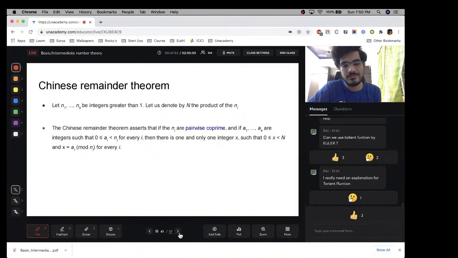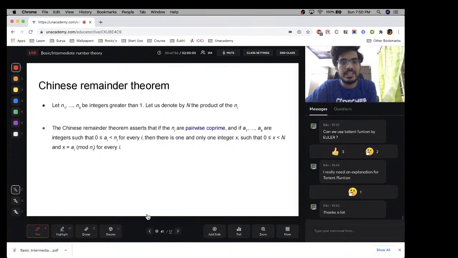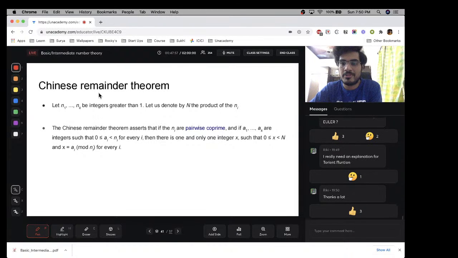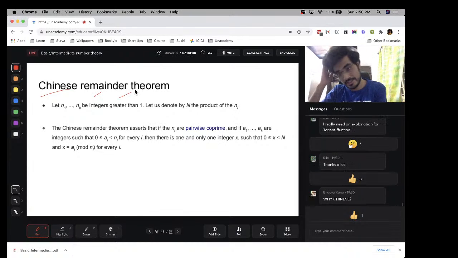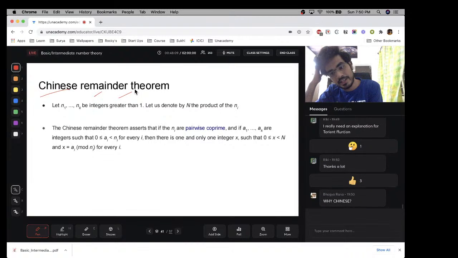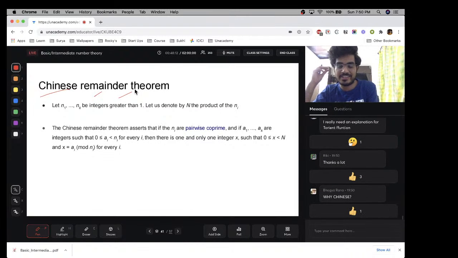So now we are going to learn about a really interesting theorem called the Chinese remainder theorem. This is a very interesting theorem. Why Chinese?